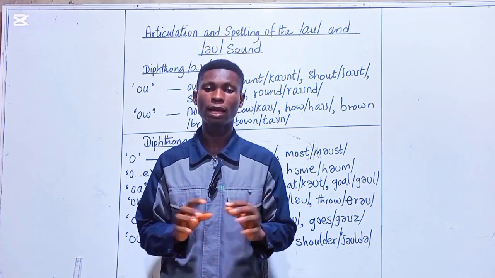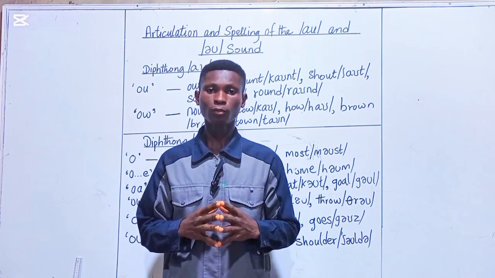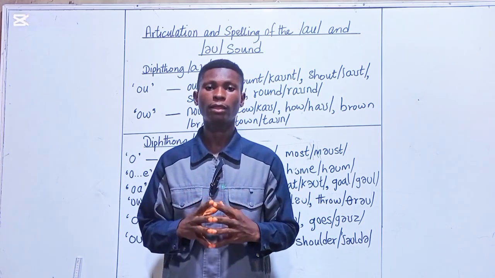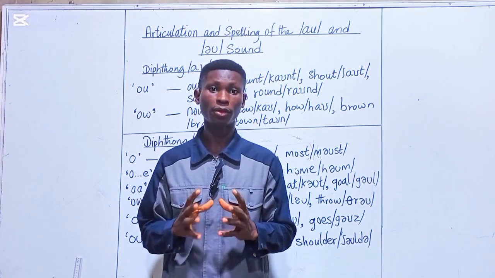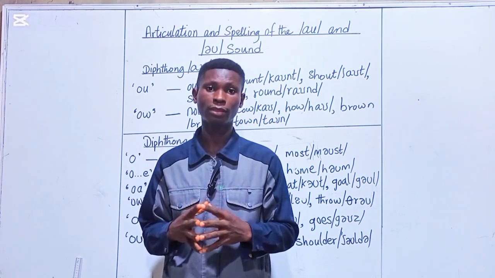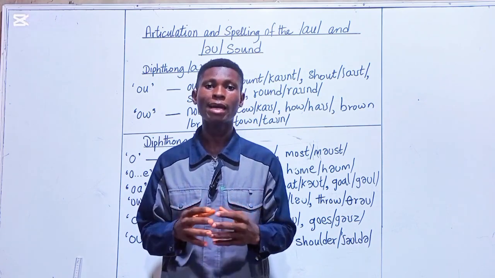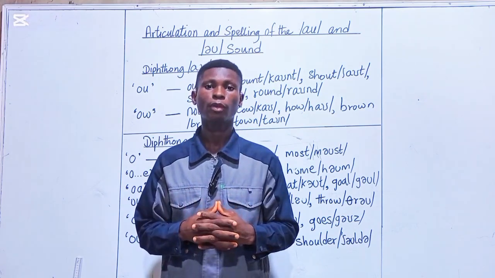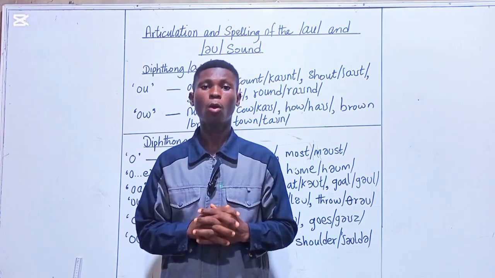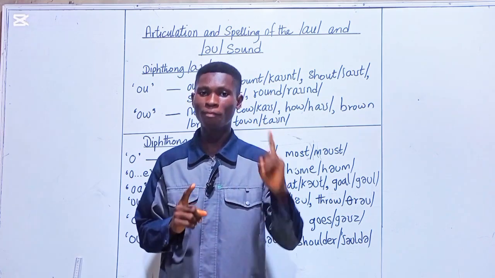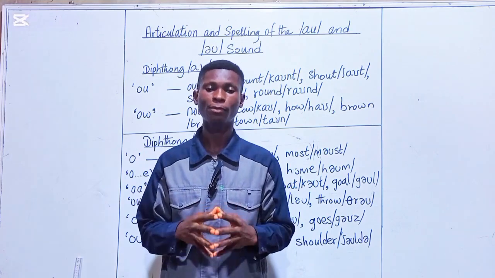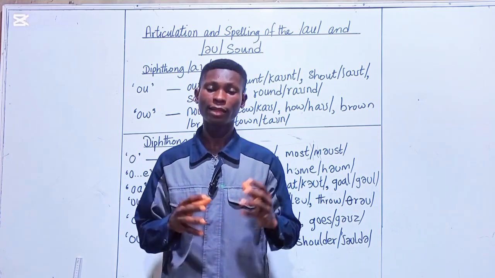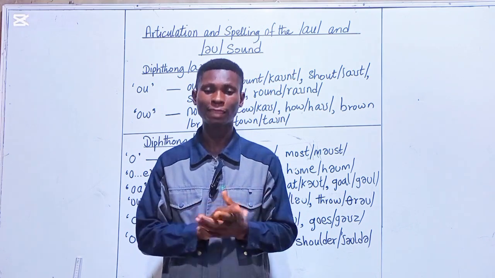Previously, we talked about the high front diphthongs, the three high front diphthongs. That is the /eɪ/, /aɪ/, and /ɔɪ/ sounds. So we are concentrating on the high back diphthongs today, which are the /əʊ/ and /aʊ/ sounds.